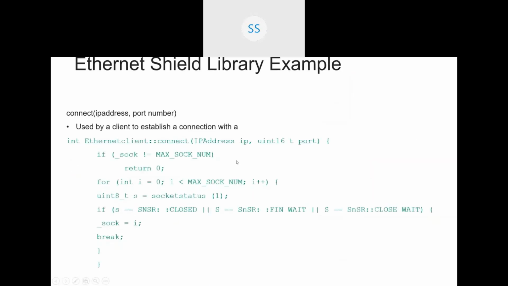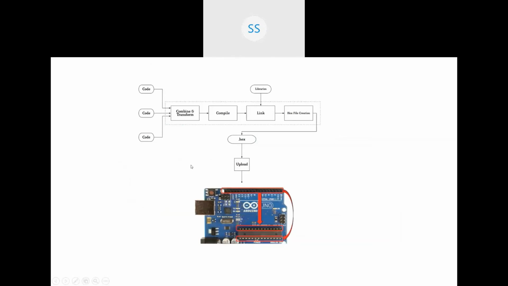So the entire code will be uploaded in which processor? Bigger processor or smaller processor? Sorry, bigger one. Very good, because the smaller one is used only for programming purposes.